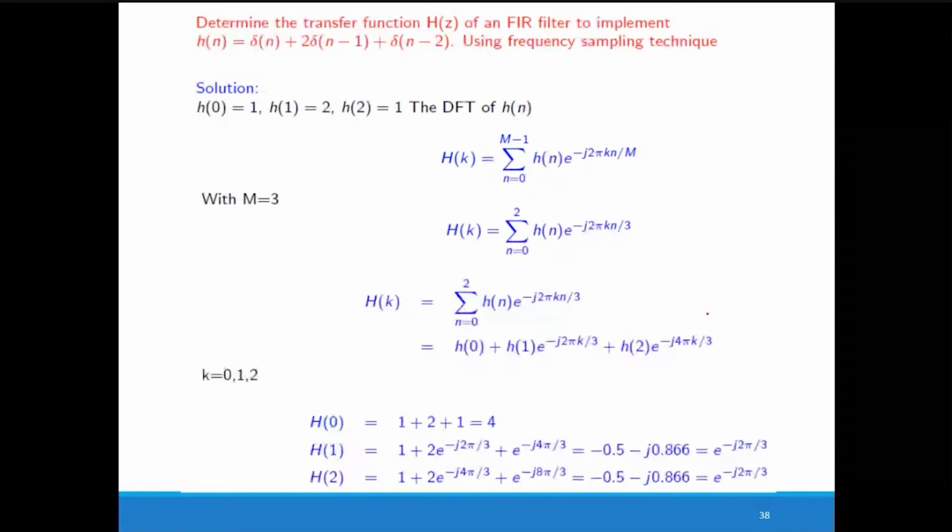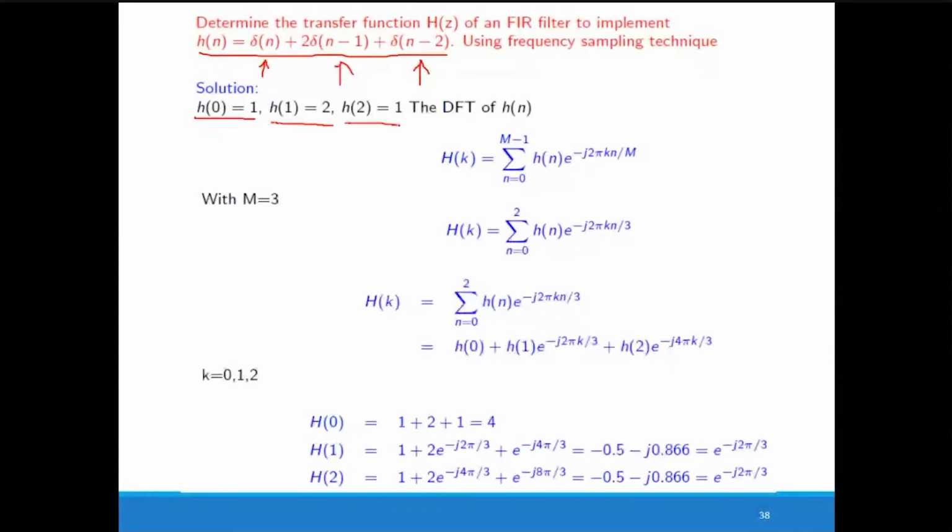First of all, as your data is given in the time domain, we derive the coefficients of this h of n. You can notice three coefficients: delta n, delta n minus 1 and delta n minus 2. So h of 0 has coefficient value 1, h of 1 has coefficient value 2, h of 2 has coefficient value 2.